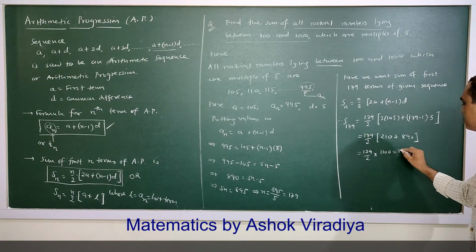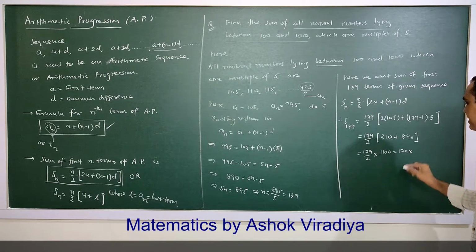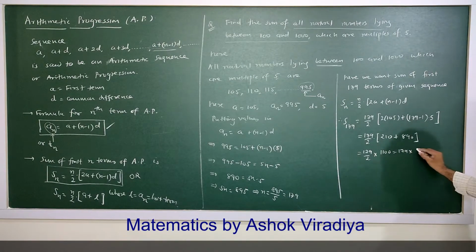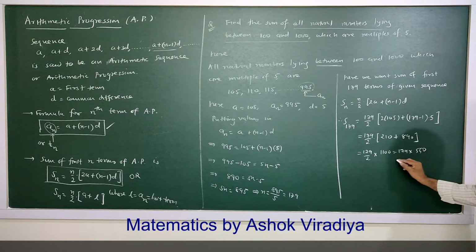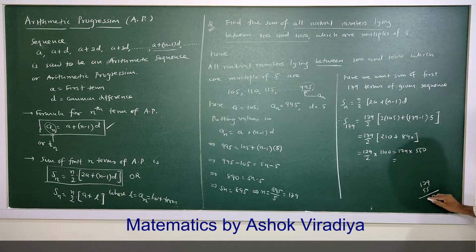So 179 into 550. So 179 into 550, multiply 55. 5 nines are 45, 4, 35, 9, 3, 8, 895.